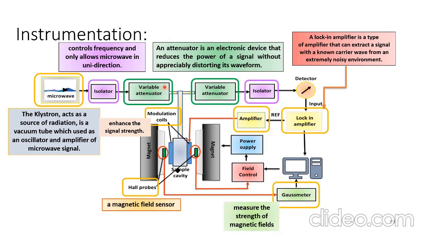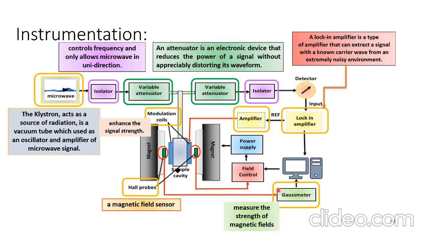Then we have a variable attenuator, an electronic device that reduces the power of a signal without appreciably distorting its wave, so that the material does not get any destruction and the signal can be achieved. Then we have modulation coils and Hall probes, and the magnetic field sensor as well.